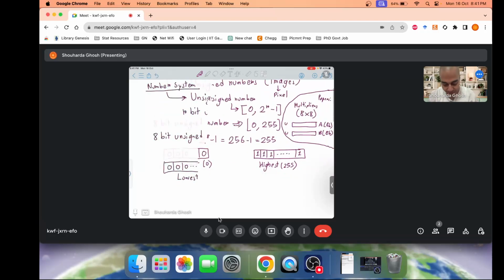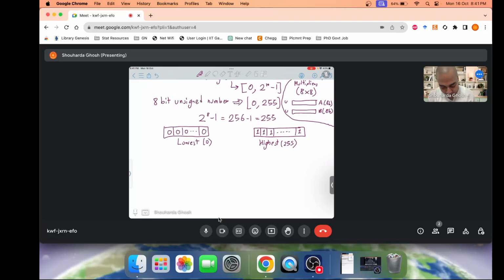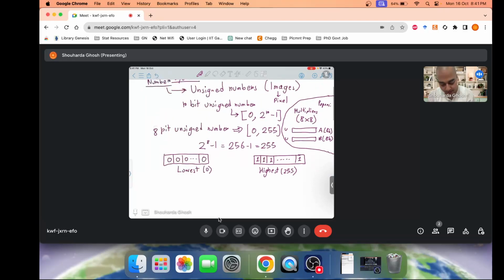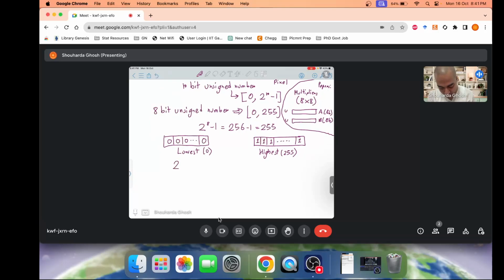But you observe one thing: if you add two unsigned numbers, the lowest possible that you can get is how much? For the output to be the lowest, both A and B have to be the lowest.